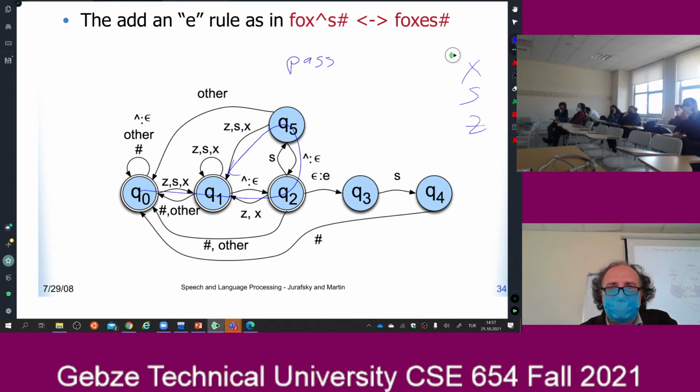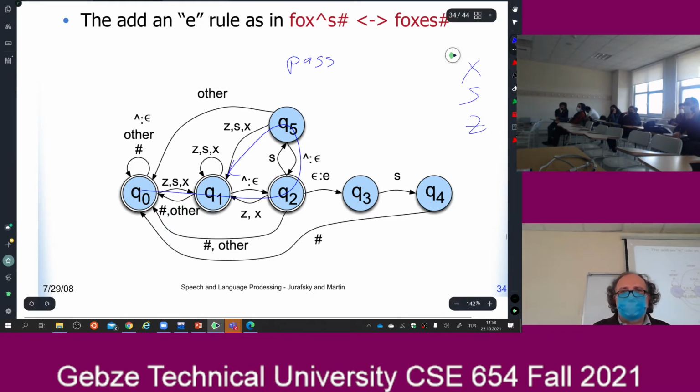It puts a caret, x, it gets an x. After that it says that with an empty transition, though you don't have to read anything, produce an s, and then if you see any of these z, s, and x, then you should be fine. You just continue and you finish up. I don't know what this loop is.